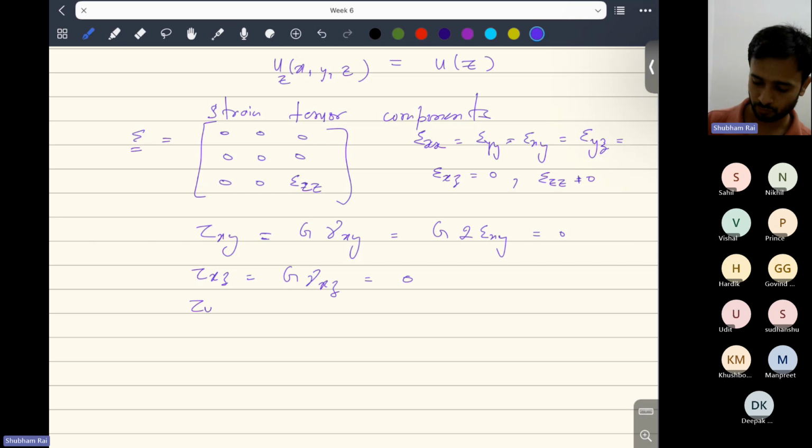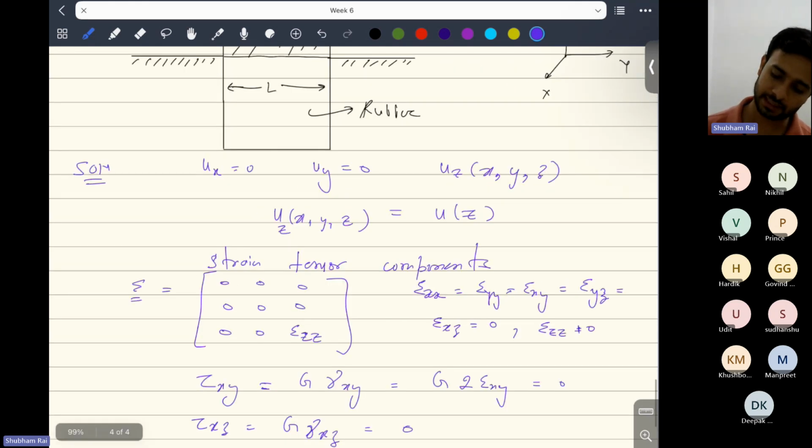Then tau yz is G into gamma yz, so that should also be zero.